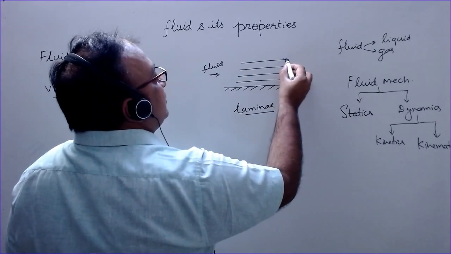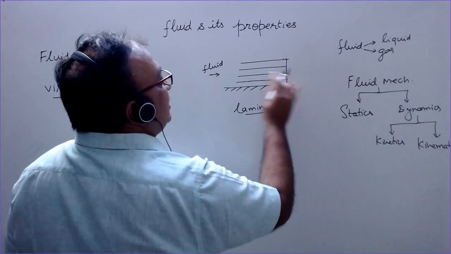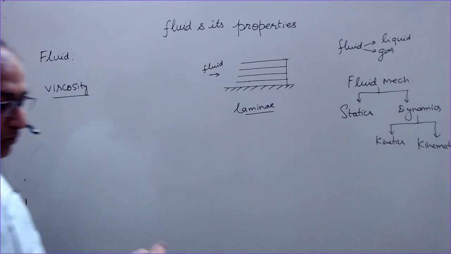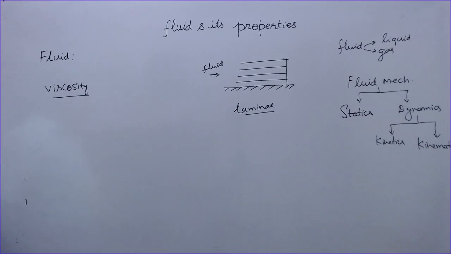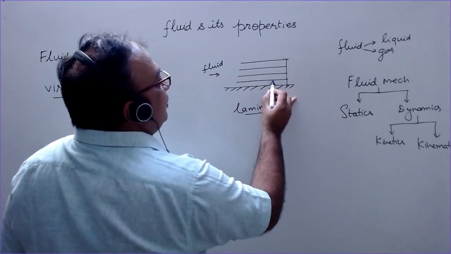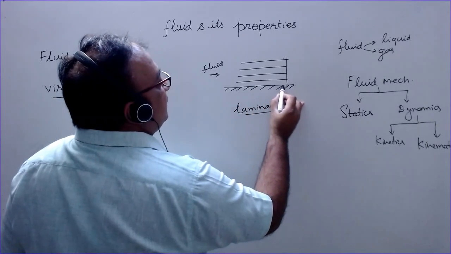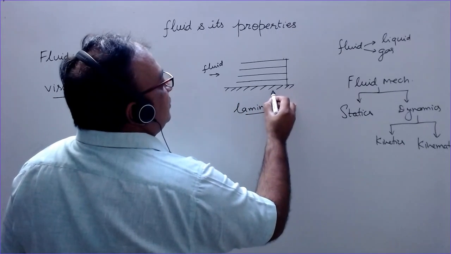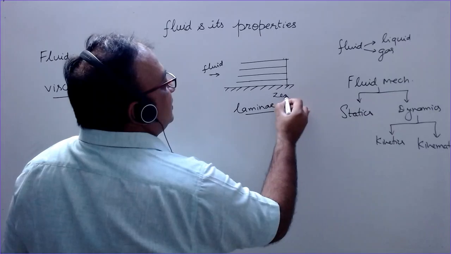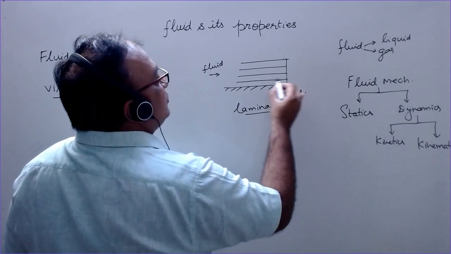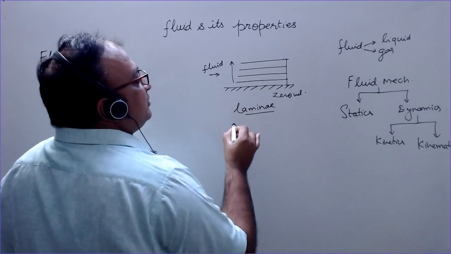If I take a cross section here at any time, then these laminae are moving in a regular manner over each other, such that the lowest lamina which is in contact with this surface is having zero velocity. Here the velocity is 0, and velocity goes on increasing as we move in this direction.